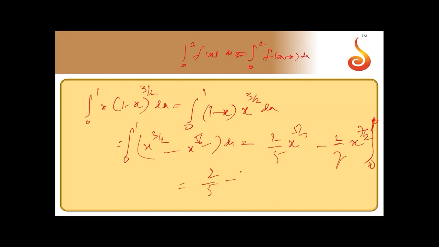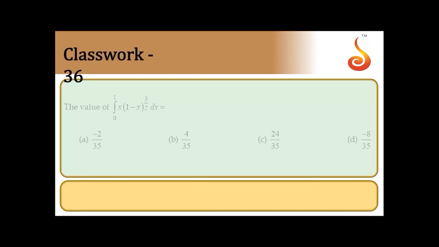So if you substitute 1, you get 2 by 5 minus 2 by 7. 7 minus 5, 2, divided by 35. So the answer is equal to 4 divided by 35. Let me check. So the answer is equal to 4 by 35. Answer is B. Correct.